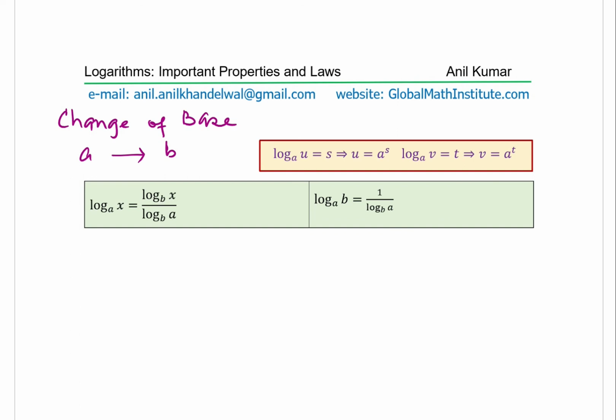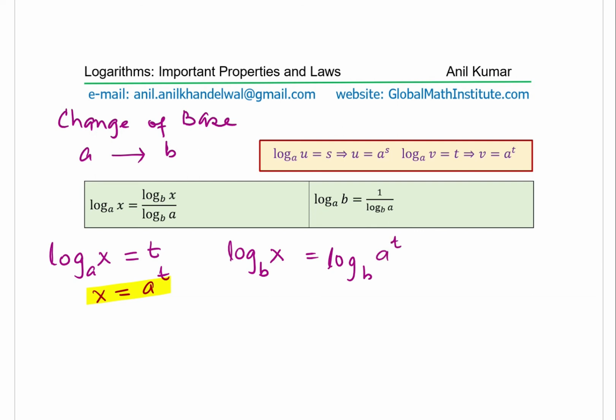Now, let us say that log to the base a of x is, let us say, t. In that case, x will be equal to a to the power of t. Perfect. Now let us consider log to the base b of x. Since x is given to us as a to the power of t, I could write this as log to the base b of a to the power of t.